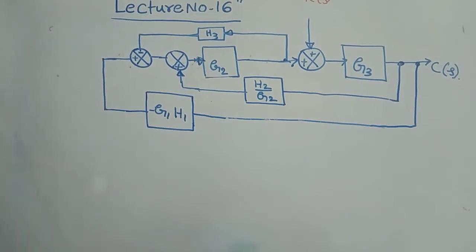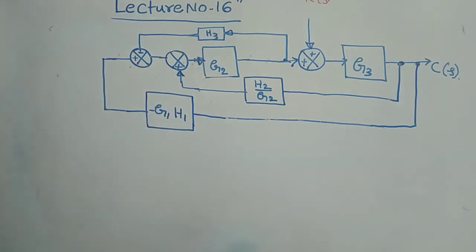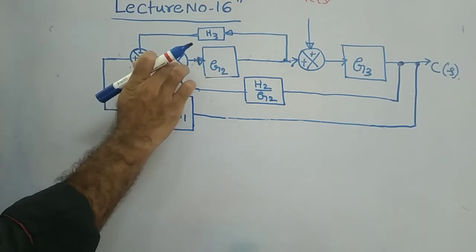Now what can be done? Now it is H2 by G2. Which sign is it going to actually? H2 by G2 is going to the minus sign.